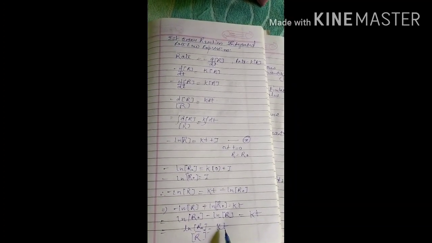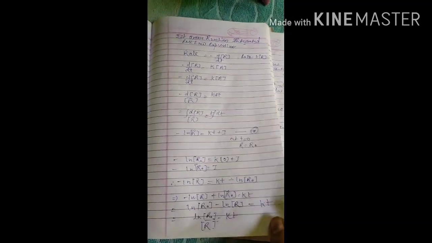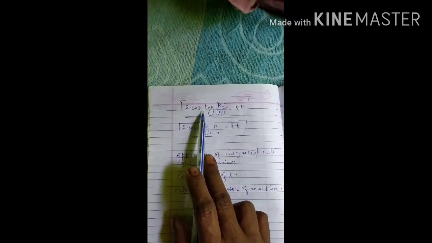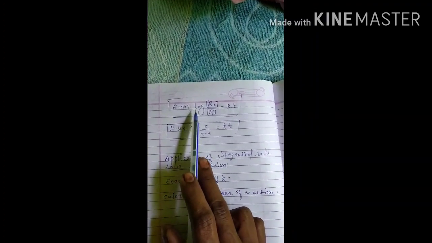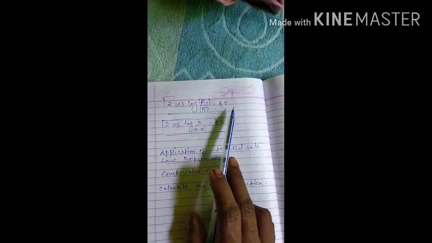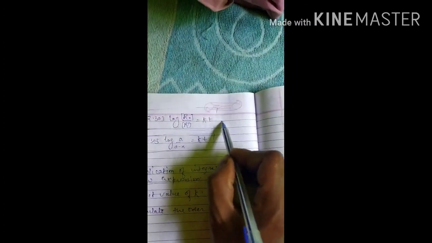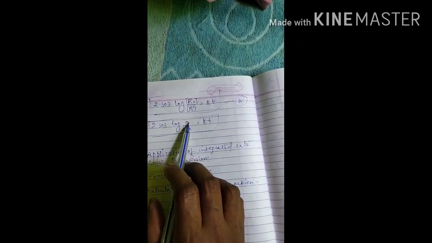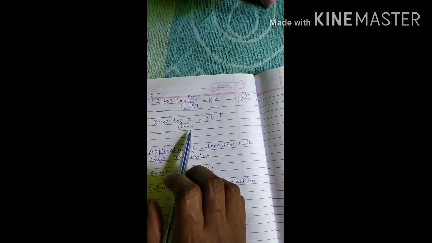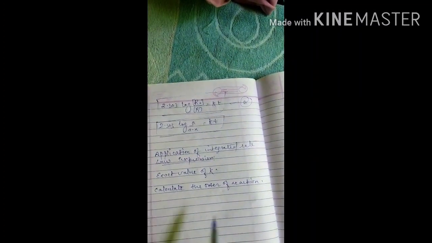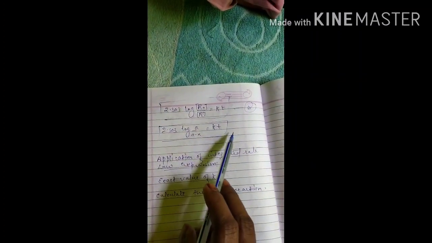Thus we have this expression, and converting natural log, it is 2.303 log R naught by R equals kt. This is your expression number B, in terms of A and A minus x, where A is the initial concentration and A minus x is the final concentration.